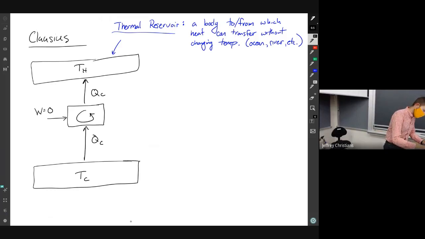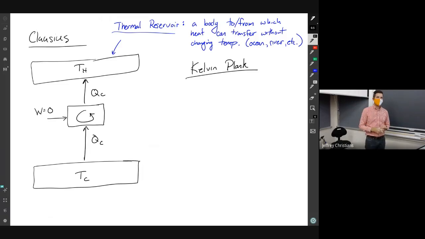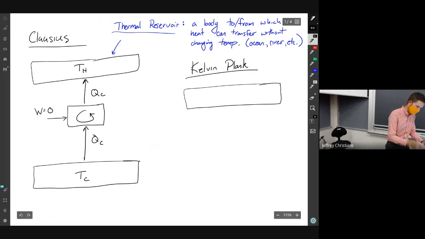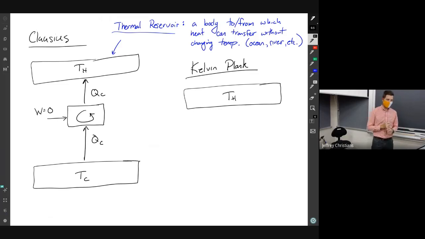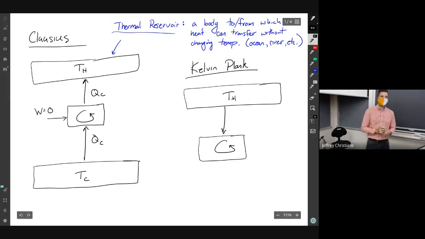Okay, so Kelvin-Planck over here is saying something different than that. What Kelvin-Planck is saying is you can't take heat, again, from a thermal reservoir and take that heat into your black box contraption.